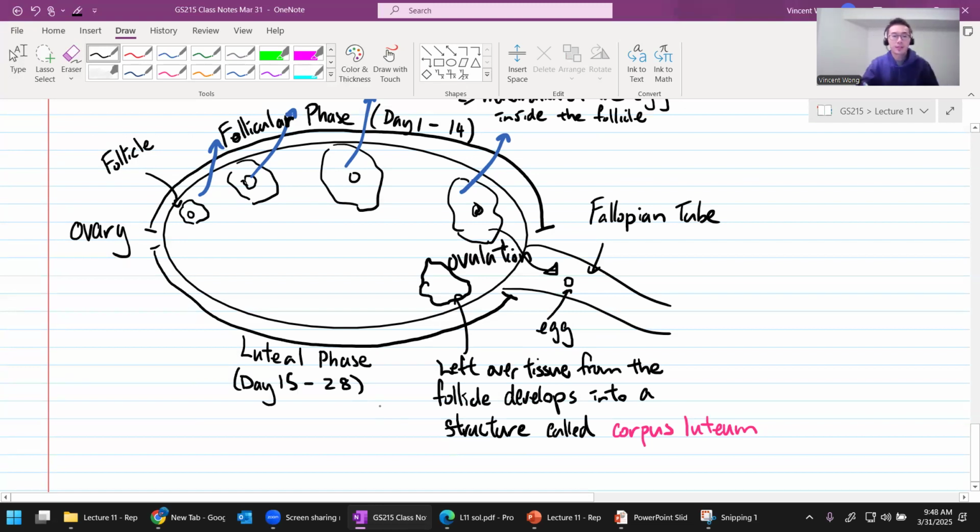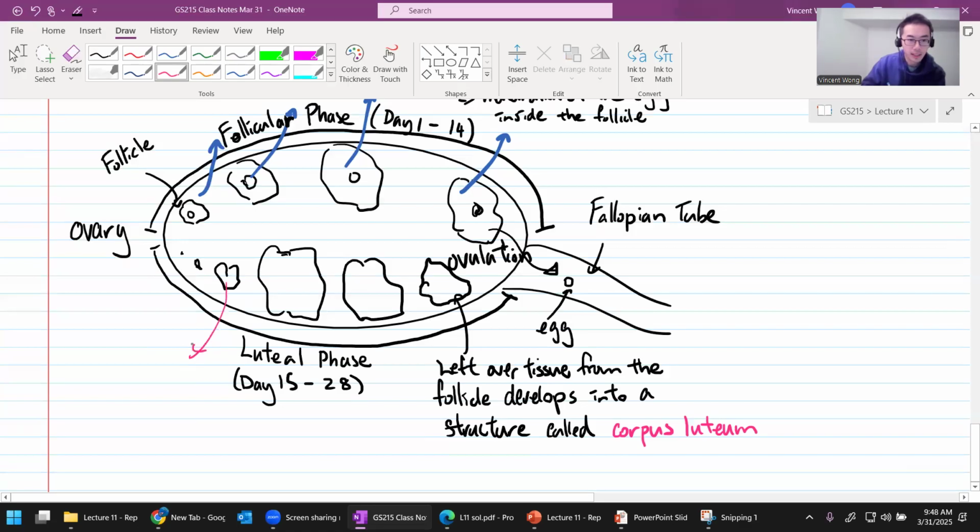So this corpus luteum is going to grow, and if there is no pregnancy, then eventually it will break down. It will be gone. What the corpus luteum produces is another hormone, and that hormone is progesterone.